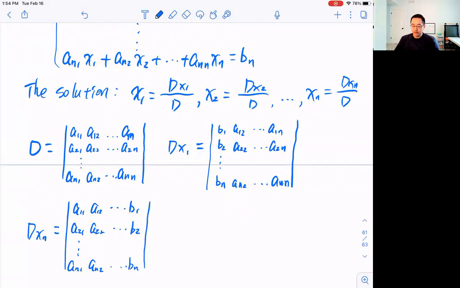Okay, so whichever x you're trying to solve, replace that x's coefficient column with the constant column of b1 through bn. Take the determinant of that, and then that determinant divided by the determinant of the coefficient matrix D will give you the answer for that specific variable. Okay, so this is how you do it.